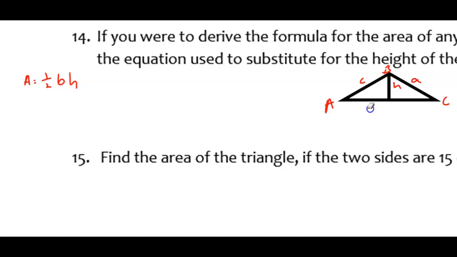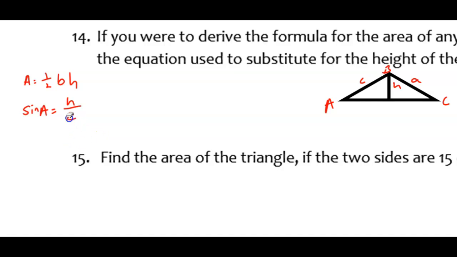I'll use sine of A. So sine of A equals opposite, which is H, over hypotenuse, which is C, opposite over hypotenuse for the right triangle.